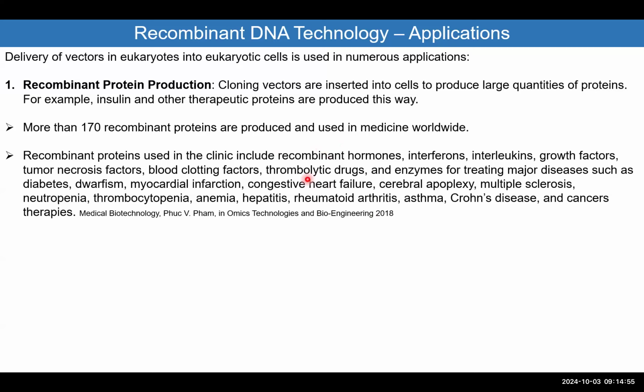So there's a complexity of lots of these factors, like for blood clotting, for other enzymes that can be used in many, many diseases. So insulin was one example that is giving you the details.